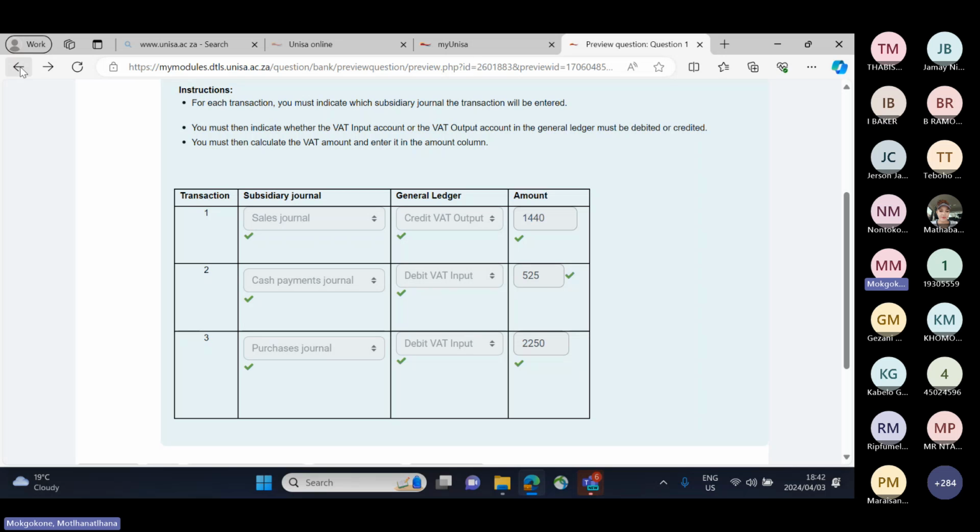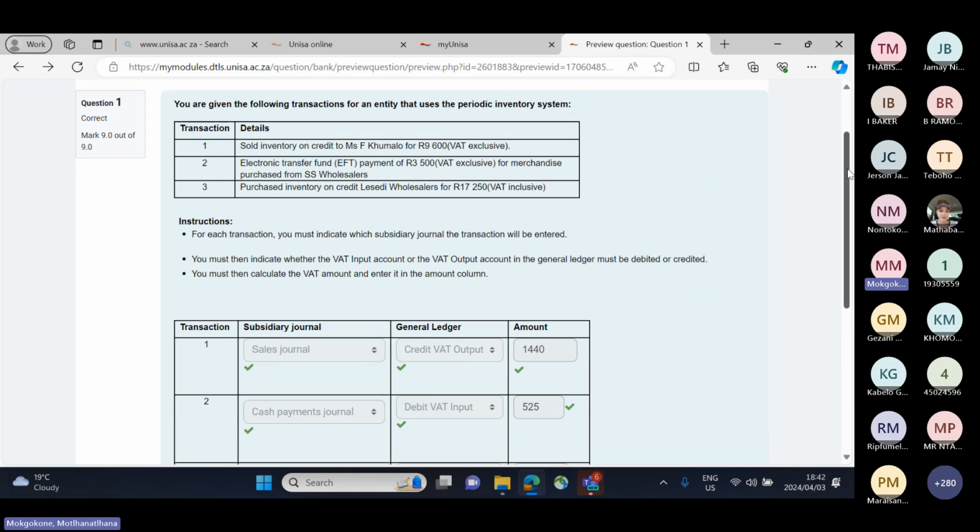Remember on that one, transaction number 2, where the business made payment for merchandise purchased from SS wholesalers. Yes, that one was paid by EFT, the business made payment to SS wholesalers.